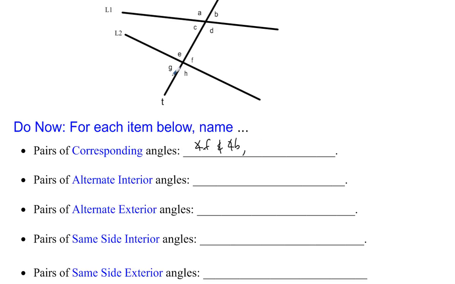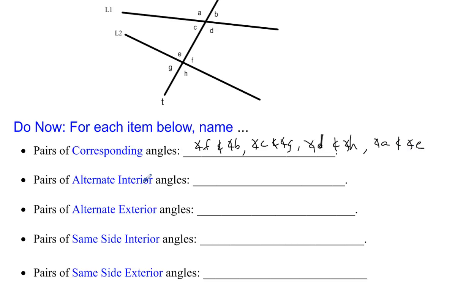Another pair would be angle C and G. Another pair might be angle D and H. I hope your handwriting is better than mine. And let's have one more pair. How about angle A and E?